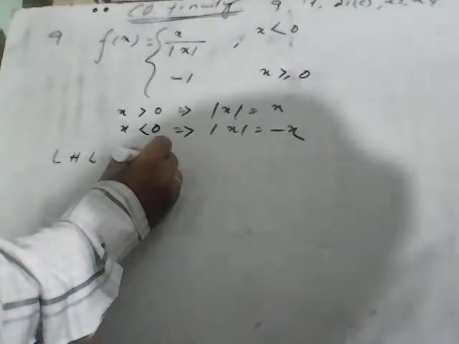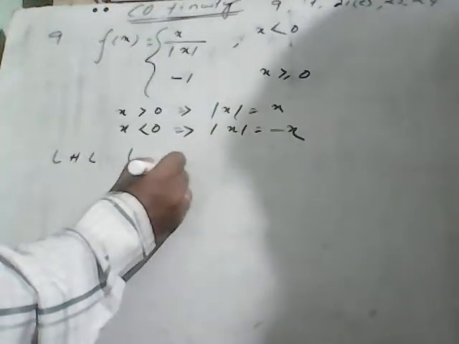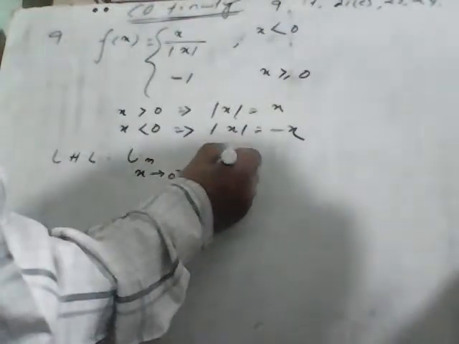Now, left hand limit: limit x approaches 0 minus f(x). 0 minus means less than 0, so we write x by modulus of x.